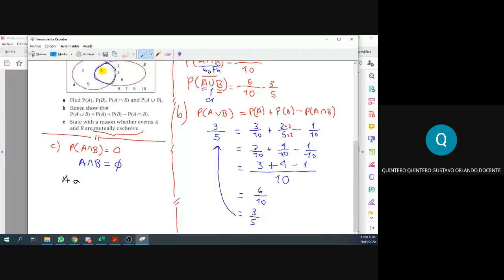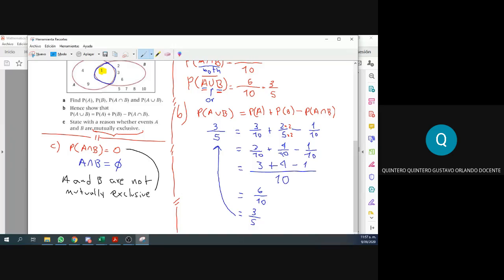A and B are not mutually exclusive. Sorry about that, guys. It takes a lot of effort to write using a mouse. So yeah, A and B are not mutually exclusive.